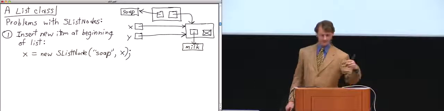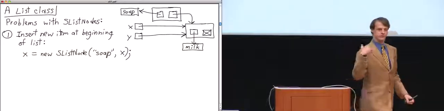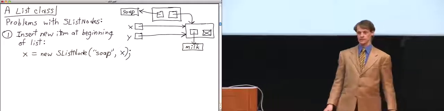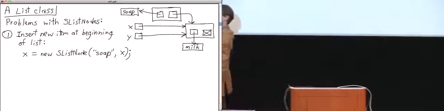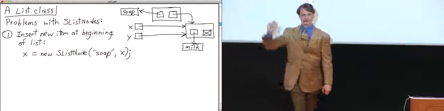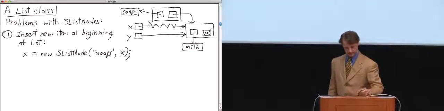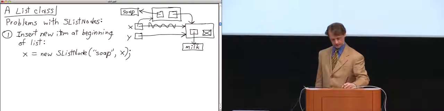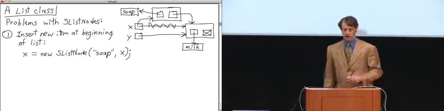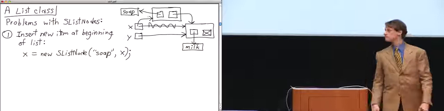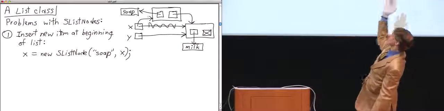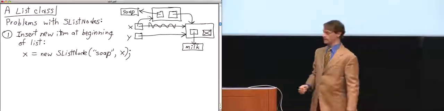So now that next field points to the same SListNode that X points to. And then finally, this line of code now stores a reference to that new object in X. So that means that this gets erased and replaced with this pointer. So now X has a list with two items in it, soap and milk.